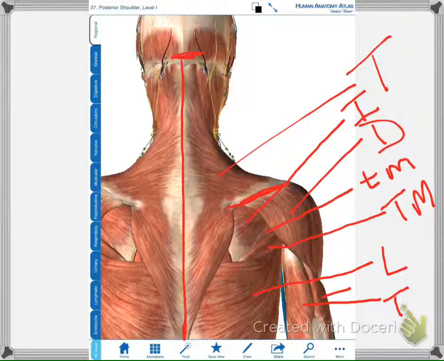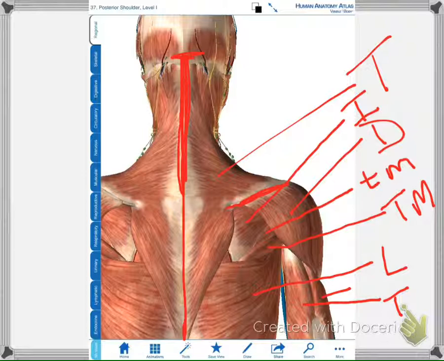However, in the area from the occipital region to C7, there is a very dense ligament called the ligamentum nuchae, which is external to the spinous processes, and the trapezius actually originates from it.